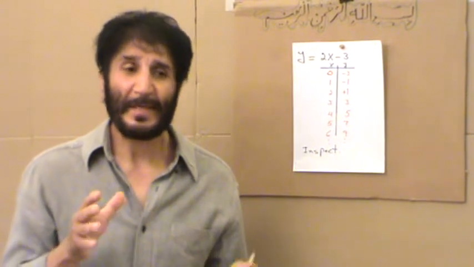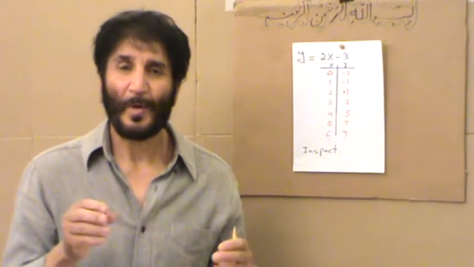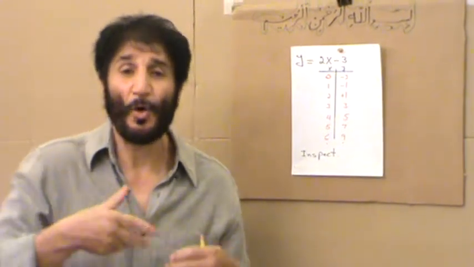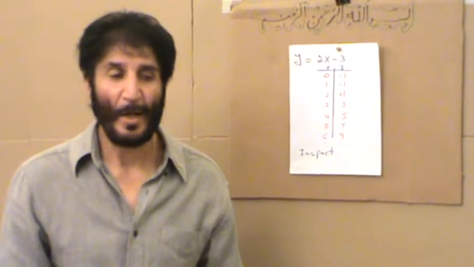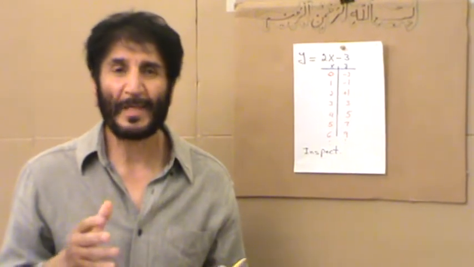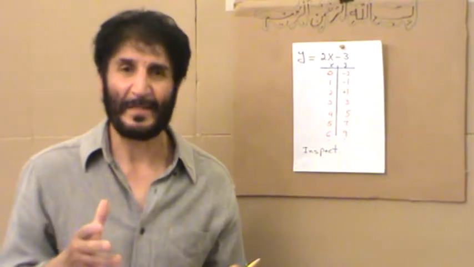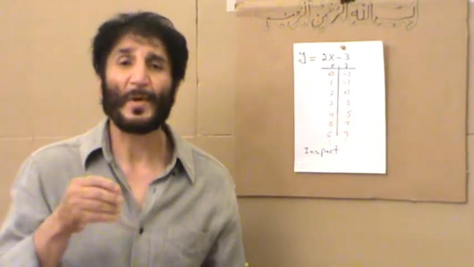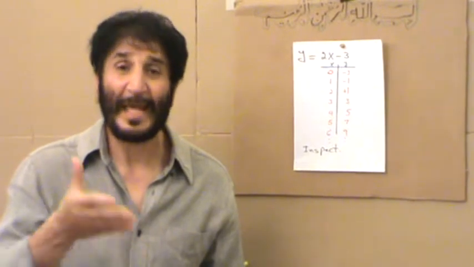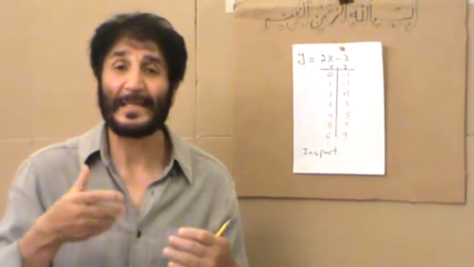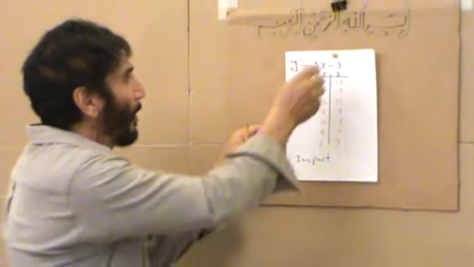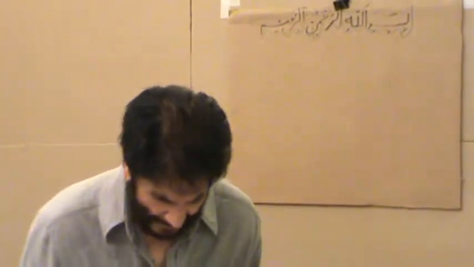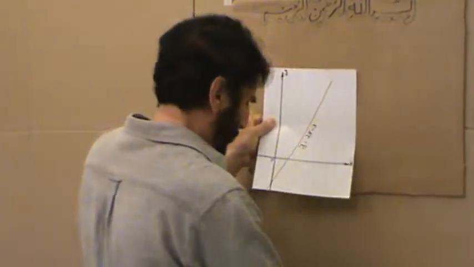Now, the graph is a set, but a sketch of the graph is the drawing of that, geometrically representing that. It has become part of vocabulary that we say graph it, but the graph in reality is a set. You can graph a set, but a sketch of the graph of that set is the geometrical representation of that.